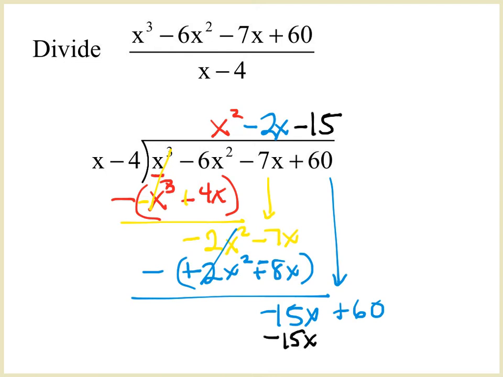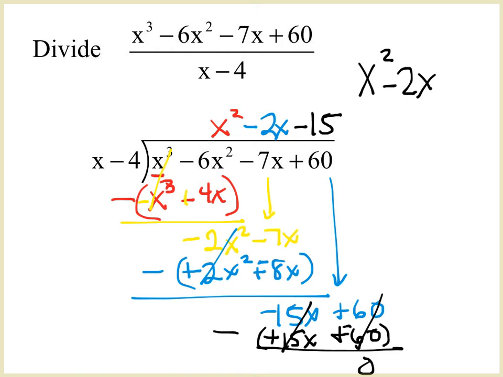Negative 15 times negative 4 is plus 60. Remember, I have to subtract the whole thing. So it makes that positive and that negative. These cancel out, and I'm left with 0. So my answer, or my quotient, is x squared minus 2x plus 60. Okay?